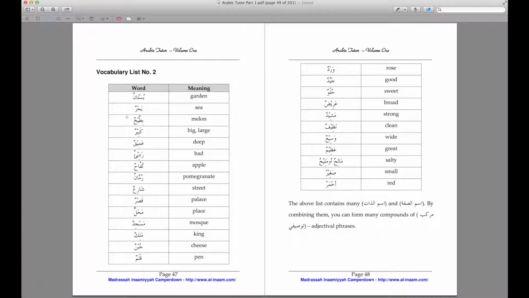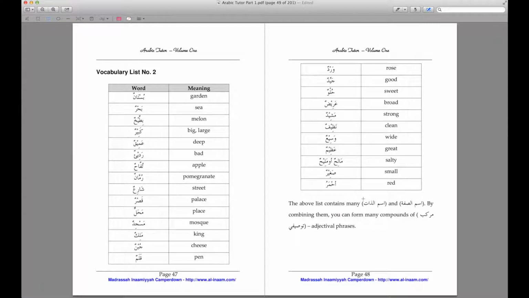Big, large, kabirun, deep, amikun, bad, radiyun, apple, tufahun, pomegranate, rummanun, street, shari'un, palace, qasrun, place, mahallun, mosque, masjidun, king, malikun, cheese, jubnun, pen, qalamun, rose, waradun, good, jayyidun, sweet, hulwun, broad, aridun, strong, mashidun, clean, nadhifun, wide, wasi'un, great, azimun, salty, malihun. Small, saghirun, red, ahmar.